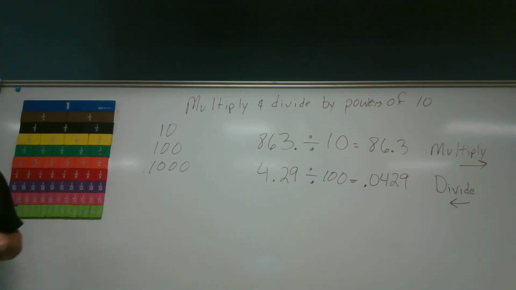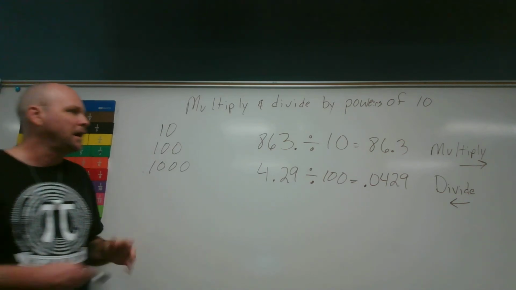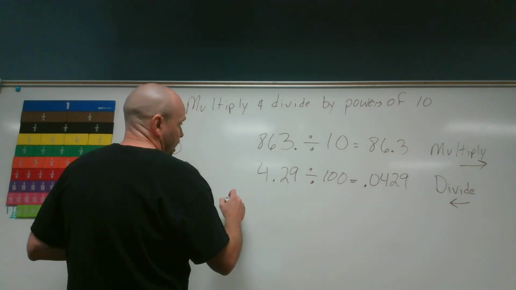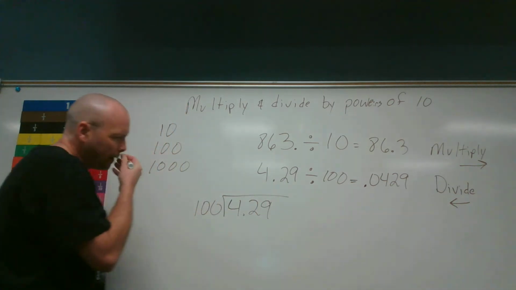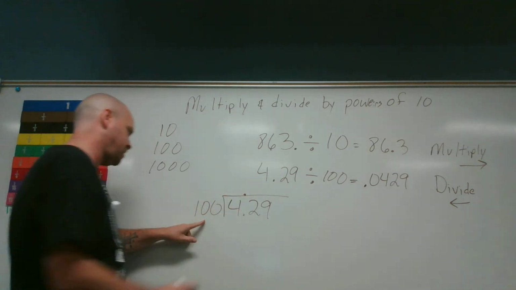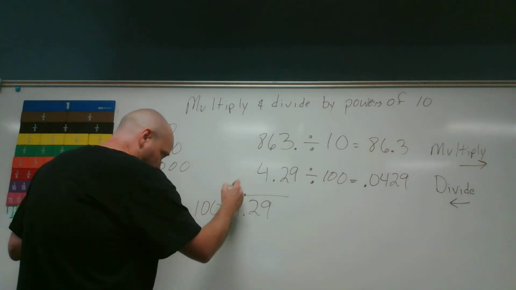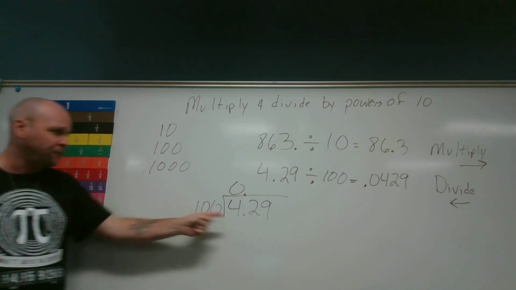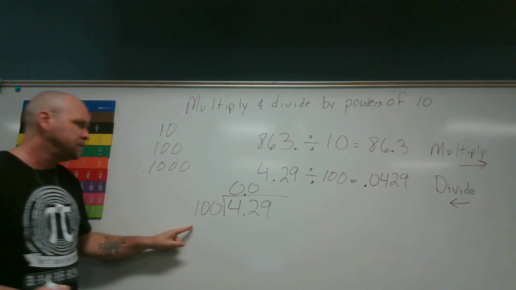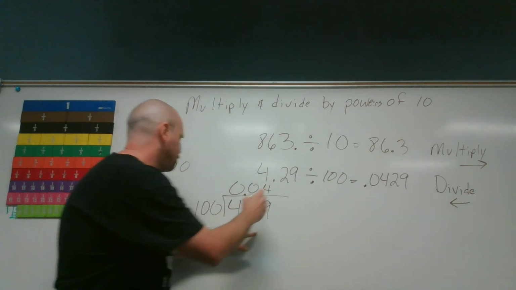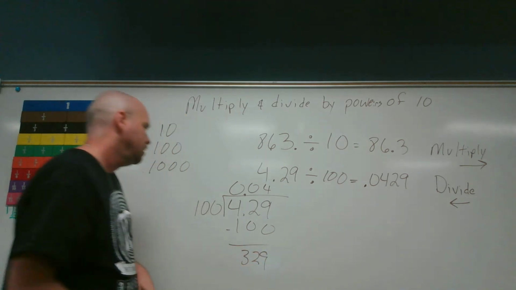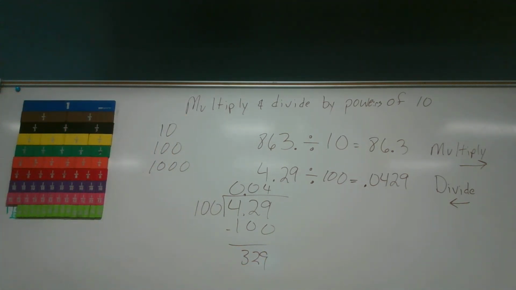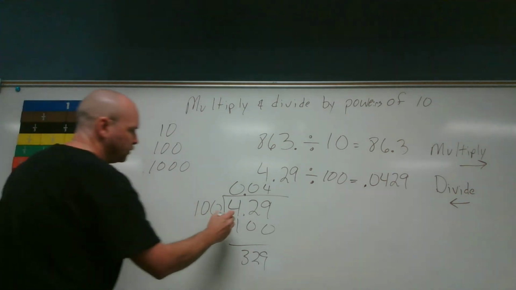Do you see how this can make your life a little bit easier? Because if I'm dividing, I don't know, 4 and 29/100ths divided by 100, I got to take the decimal point straight up. 100 doesn't go into 4. 100 doesn't go into 42. 100 does go into 429 4 times, and then I have 400.